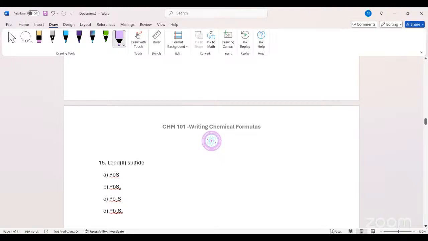All right. So let's look at number 15. Lead 2 sulfide. Again, they told you which charge for lead 2, and then sulfur has a charge of -2.